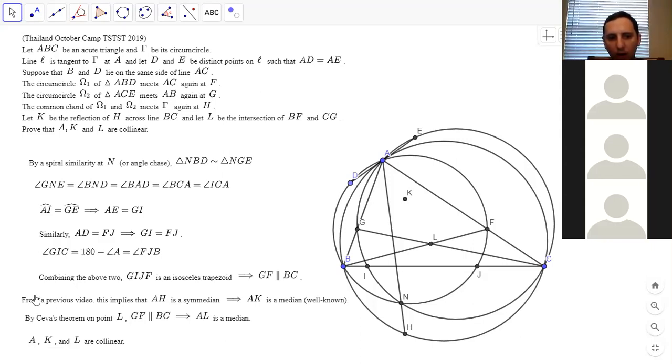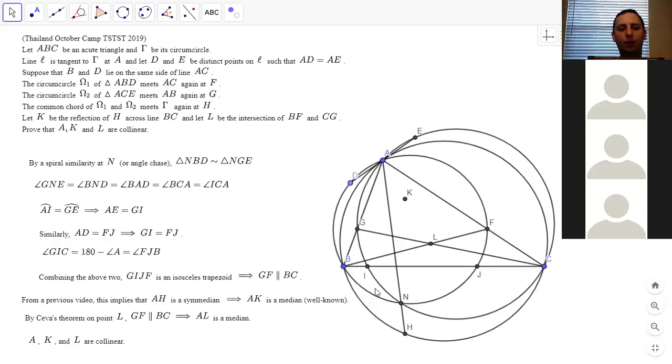What do we need right now? Oh, so we're trying to show that if GF is parallel to BC, then this implies that AH has to be a symmedian. Well, the ratio of the distances is the ratio of AB and AC. We used this in a previous problem.